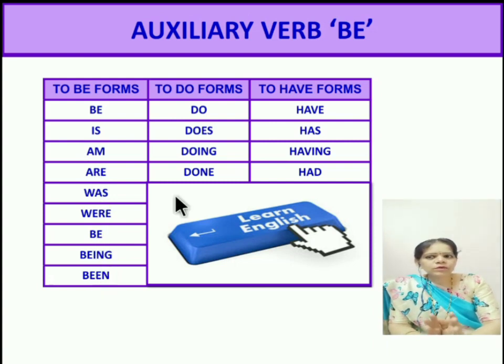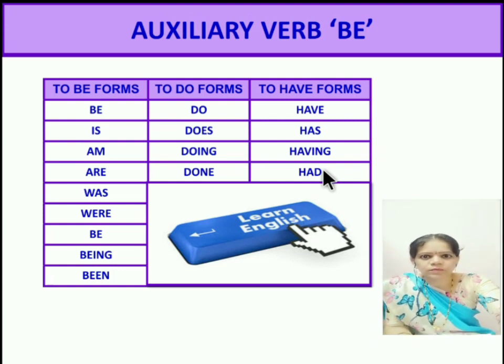The forms of the verb do: D-O, do, does, doing and done. The forms of the verb have: have, has, having and had. Right? Note it down.